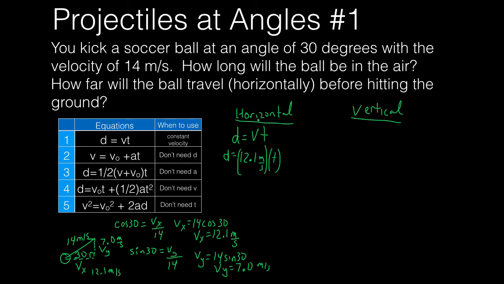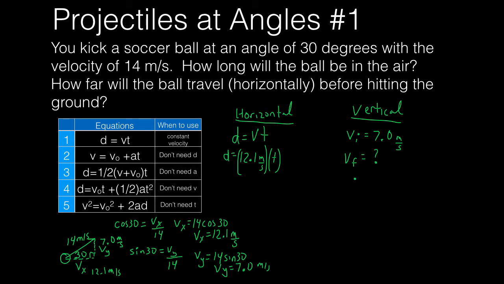If you look at the horizontal equation, we have an equation but two unknowns, so there's no way we can solve for time in the horizontal direction. We're going to have to solve for time vertically. So let's move over to our vertical direction. We know the initial velocity in the vertical direction was 7.0 meters per second. The final velocity, the problem didn't tell us.